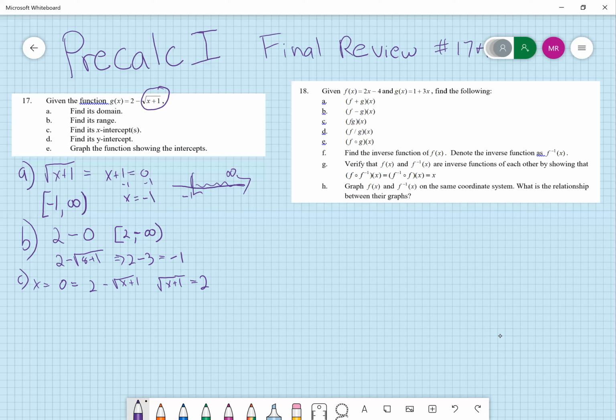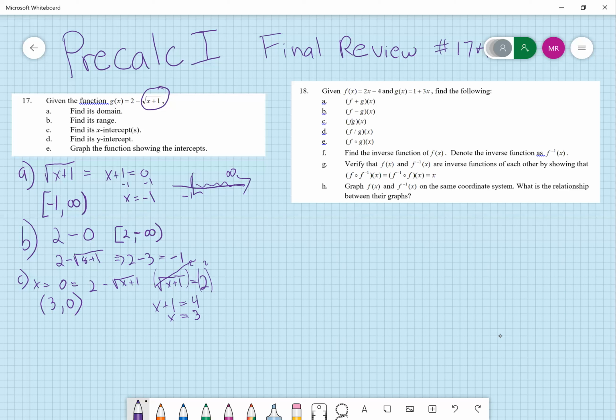In order to keep our equation balanced, if we do the same thing to each side, we're still within the rules. So if we square each side, that gets rid of the square root, and we get x plus 1 equals 2 squared, or 4. We subtract 1 from each side, and that gives us x equals 3. So we know that our x-intercept is 3, 0.